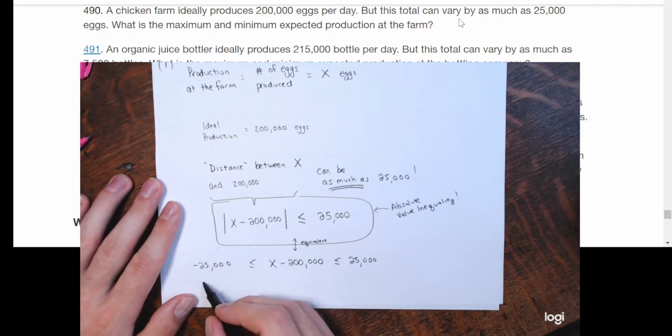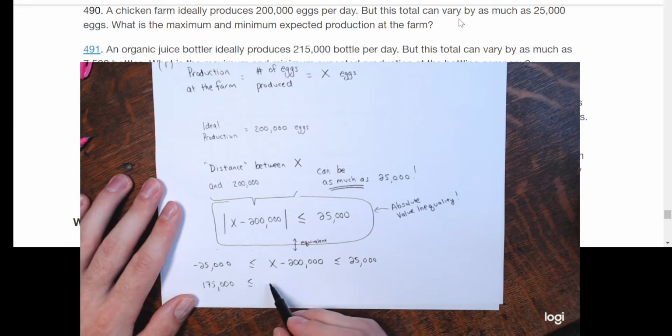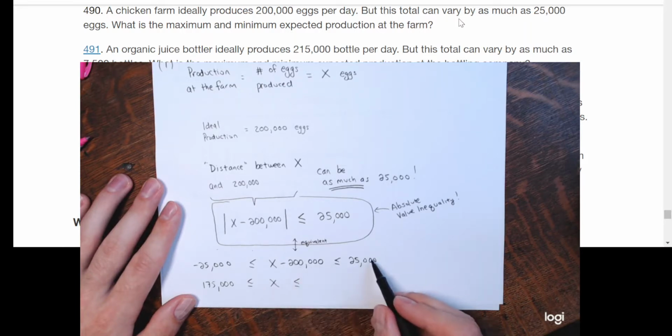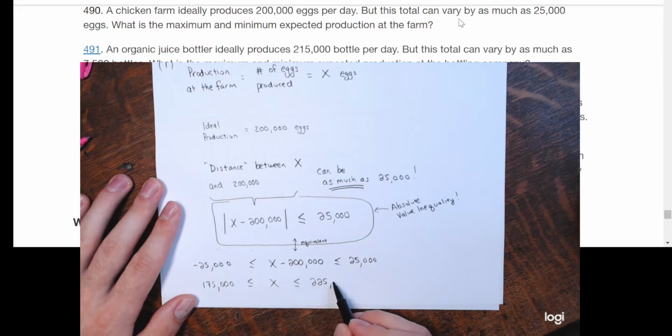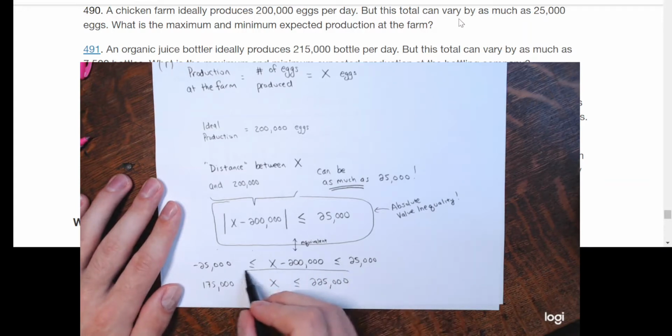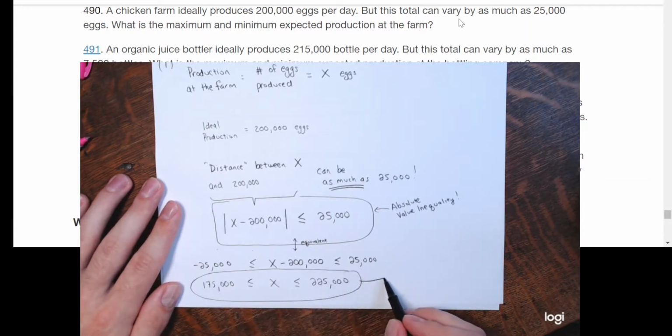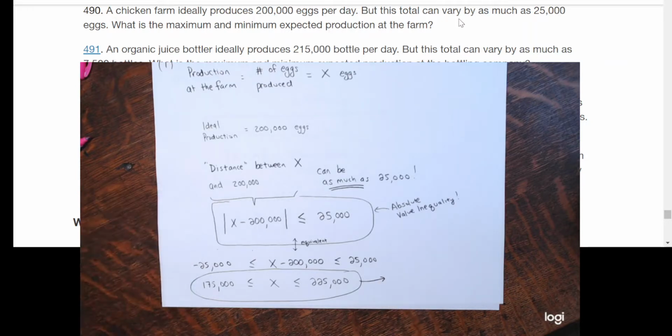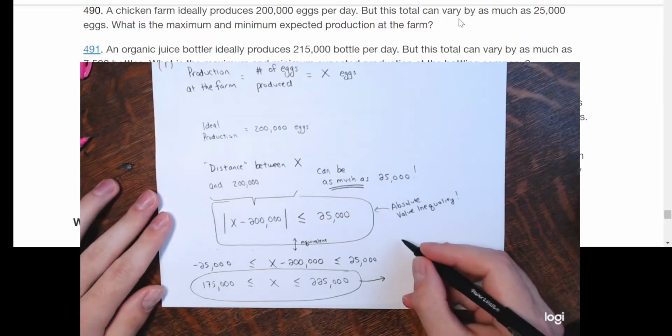So adding 200,000 to this would give me 175,000 on the low end, is less than or equal to x, and that's less than or equal to adding 200,000 would give me 225,000 over here. And there we go. Now as with any other word problem, most applications you should be solving by answering the question in a complete sentence.